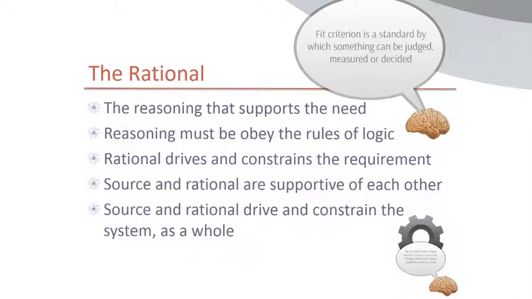Our rationale is the reasoning that supports the need. The reasoning must obey rules of logic. So it's got to make sense, obviously. Rationale drives and constrains the requirement. Source and rationale are supportive of each other. Source and rationale drive and constrain the system as a whole.